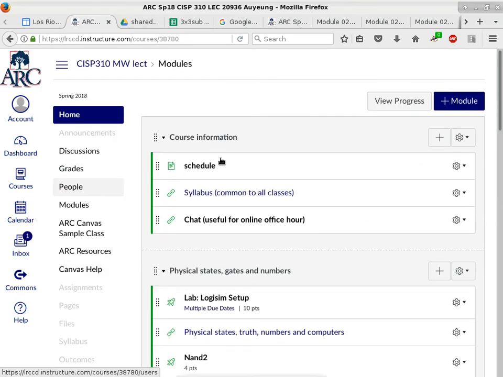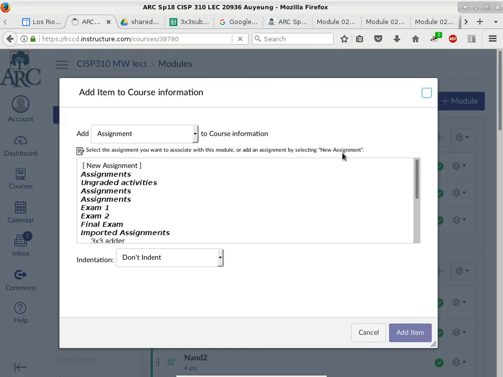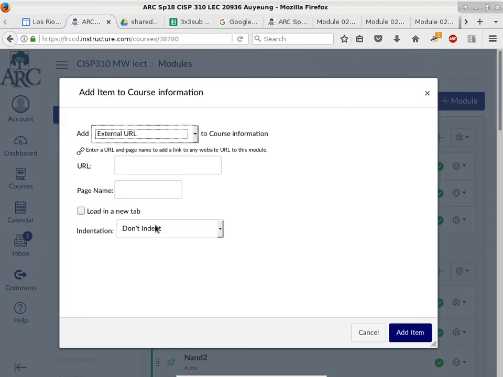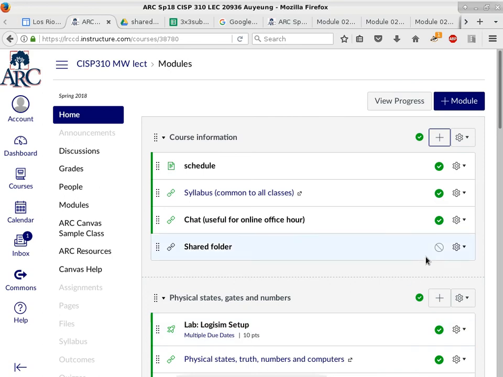And I'll put it in course information. I'm just adding a link here to the shared folder. So I'm going to insert a URL. And this is the URL. Page name is shared folder. And it will open in a new tab. And there you go. Now you have access to everything in the shared folder, which is not just this spreadsheet. There's a lot of stuff in it.